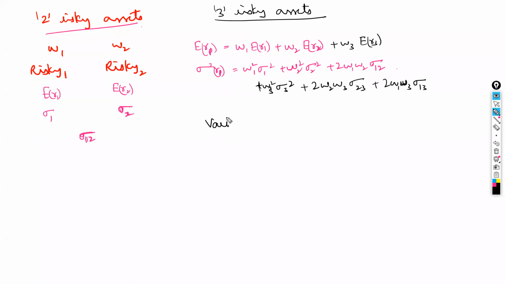So you have variances on one side and you have covariances on another side. This sigma 1,2, sigma 2,3, sigma 1,3, all these are called covariances. If you have 3 risky assets, you will have 3 variances and covariances.